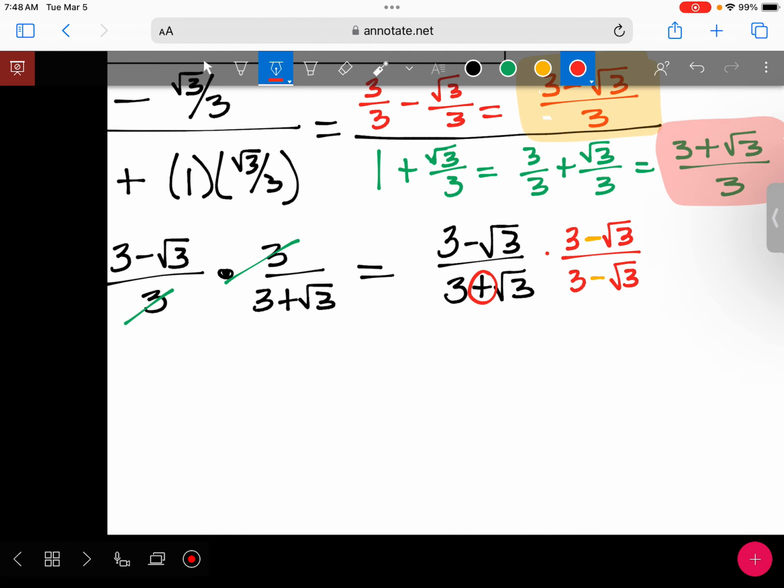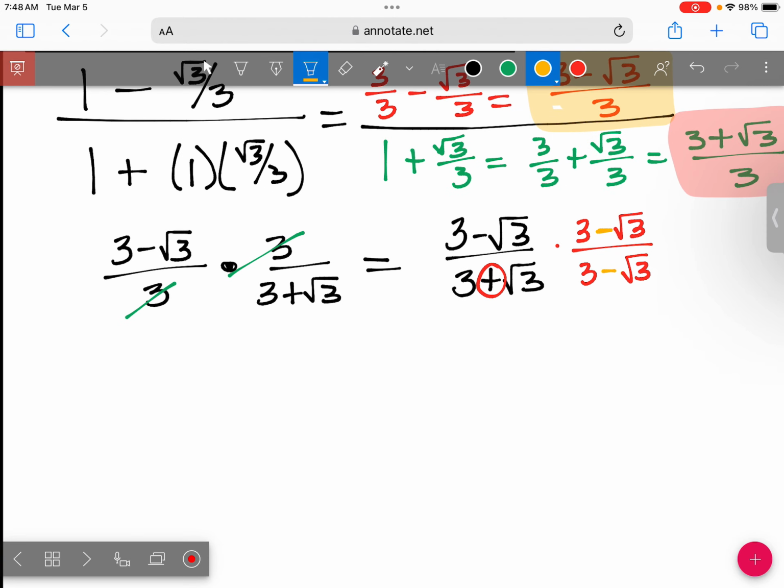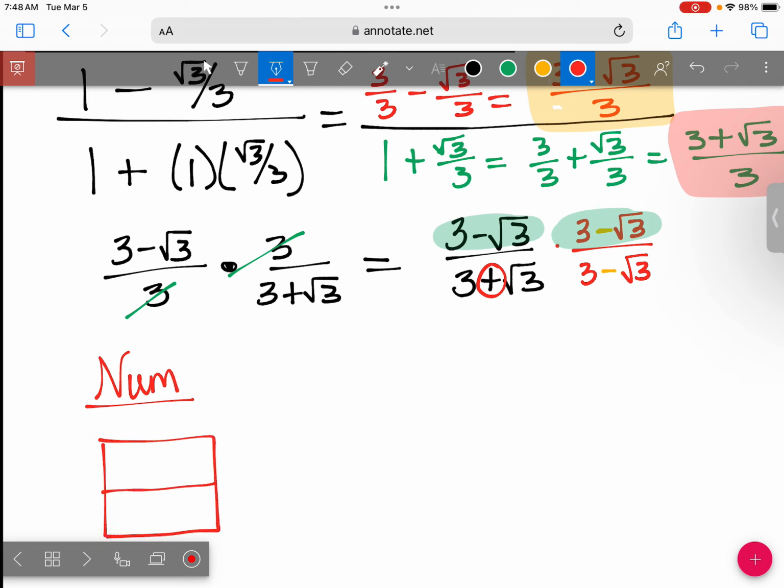Go ahead and make your 2 boxes and you are finished. For your numerator, you're multiplying these 2. So let's start with that. Go ahead, fill in all 4 squares.